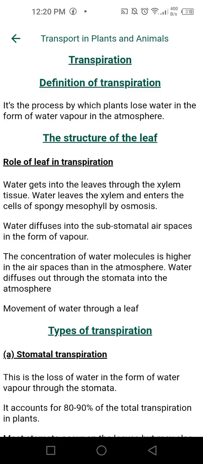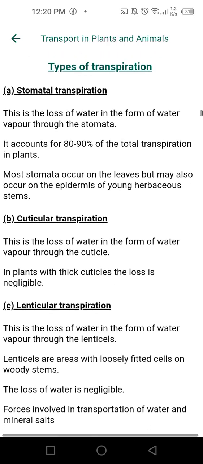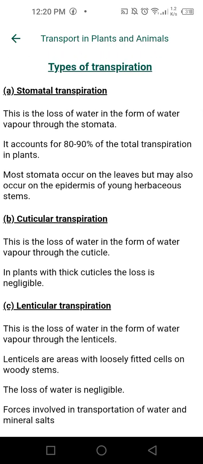Movement of water through a leaf. Types of transpiration. Stomatal transpiration. This is the loss of water in the form of water vapor through the stomata. It accounts for 80 to 90% of the total transpiration in plants. Most stomata occur on the leaves but may also occur on the epidermis of young herbaceous stems.